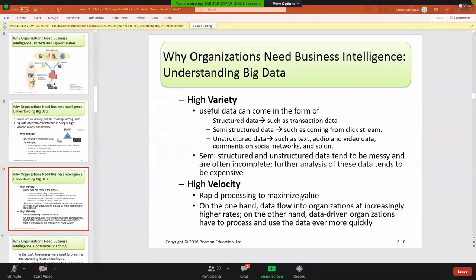So if your organization's data is based on these factors, high volume, high variety, and high velocity, then we can conclude that it is big data. Every data is not big data. Big data must have these points. Are you getting my point, guys?